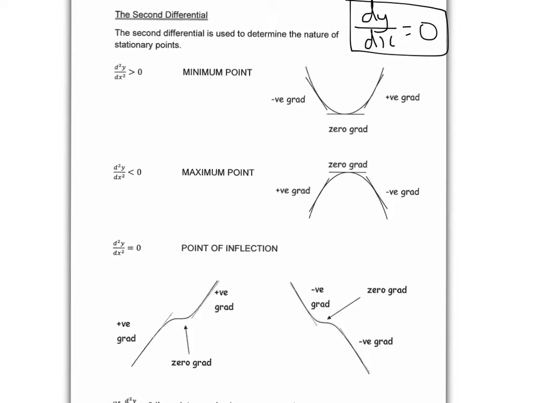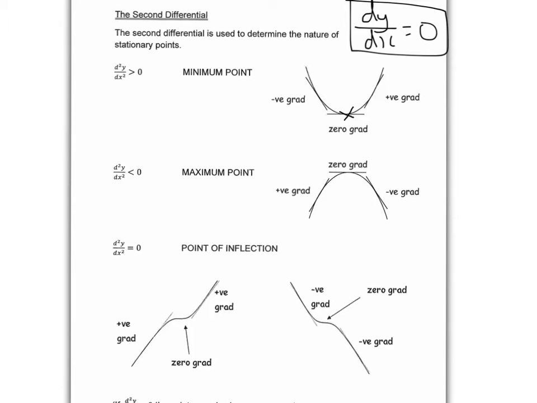In this example, we have something which is going downwards, decreasing with a negative gradient. It pauses briefly at the bottom, it has a zero gradient, and then it begins to increase. It's an increasing function over this part. At this particular point, it is a stationary point or a turning point.